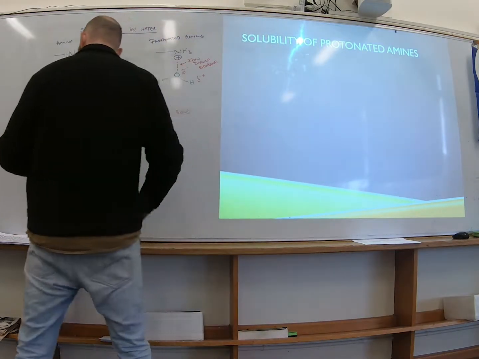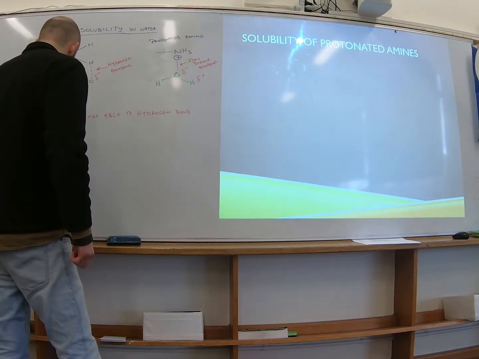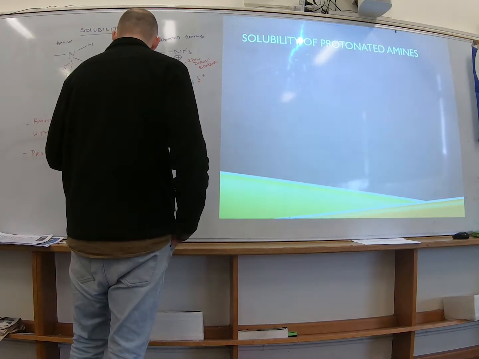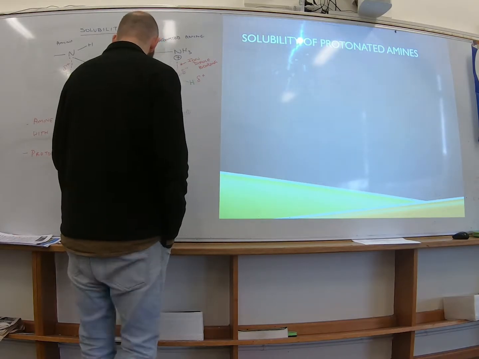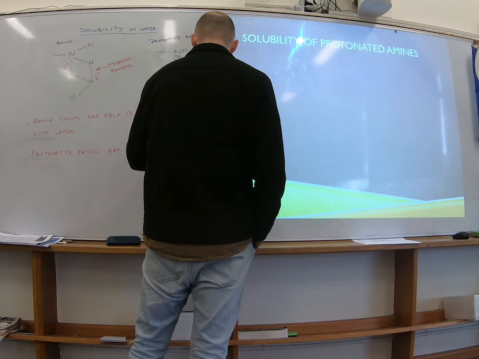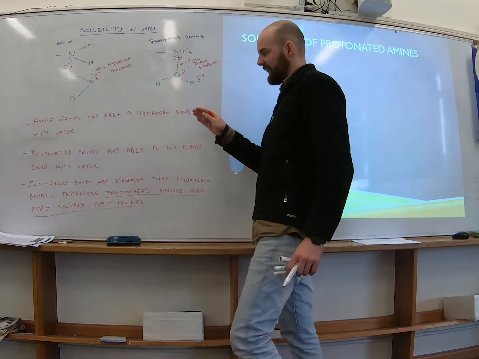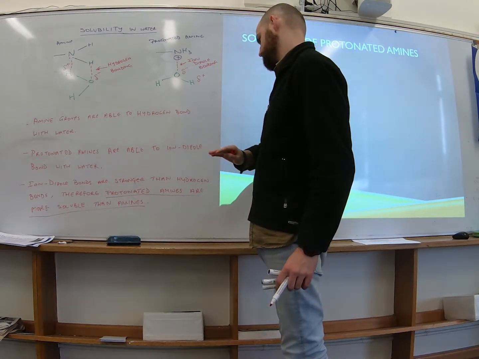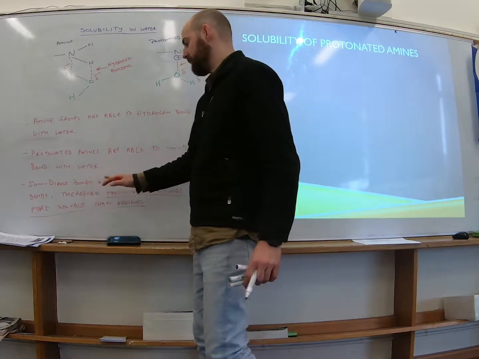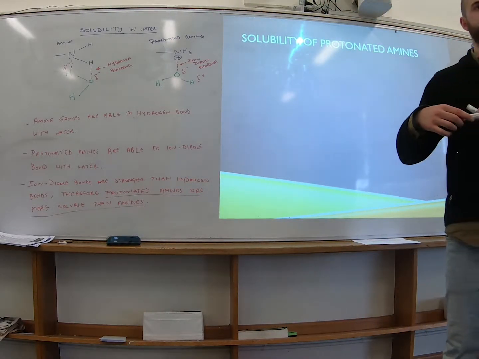So we can write: protonated amines are able to ion dipole bond with water. Amine groups are able to hydrogen bond with water. Protonated amines are able to ion dipole bond with water. Ion dipole bonds are stronger than hydrogen bonds, therefore protonated amines are more soluble than amines. Okay?